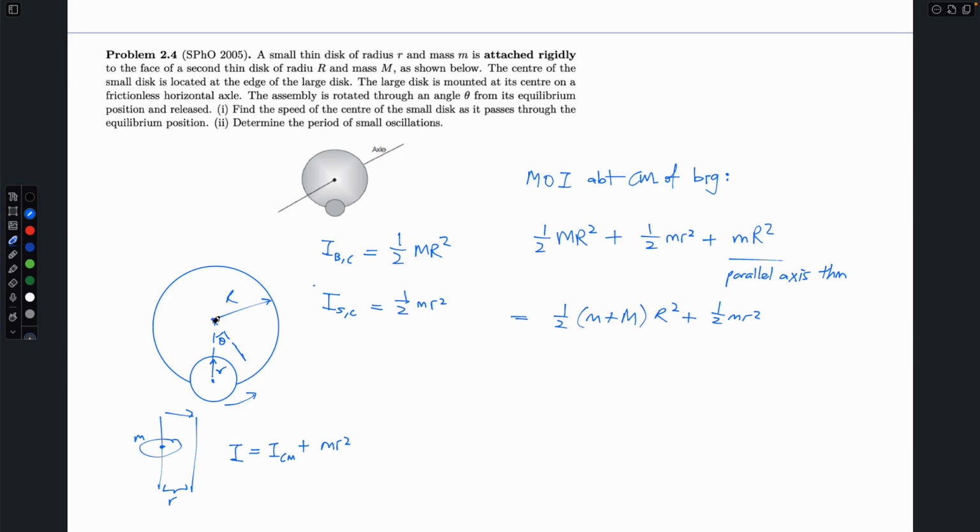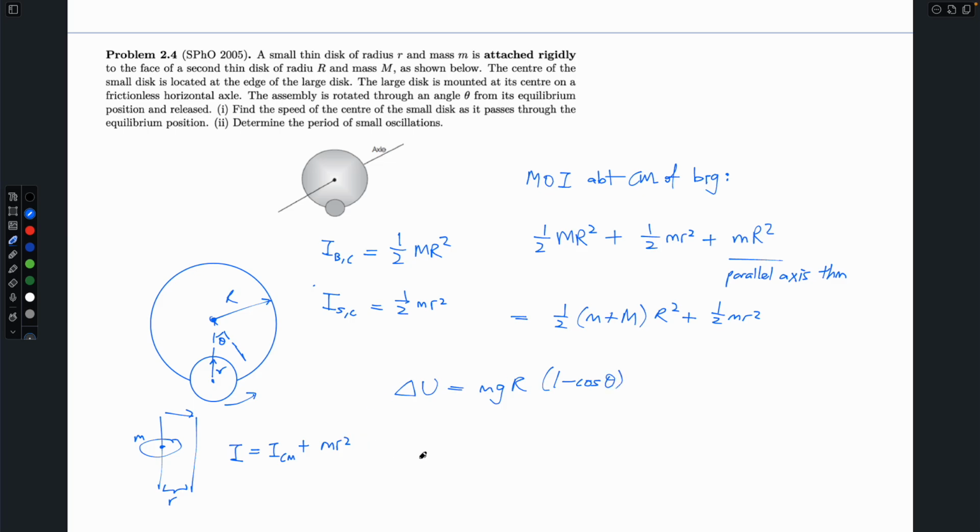Okay, can you see why? Because the center of mass stays fixed for the big one, but for the small one, it moves up. So the change in the potential energy of the system will just be the change of potential energy of the small disk, which equals m times g times 1 minus cosine theta.